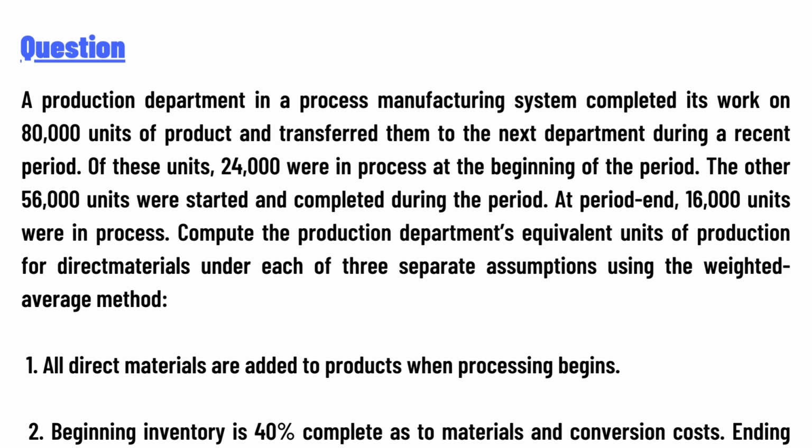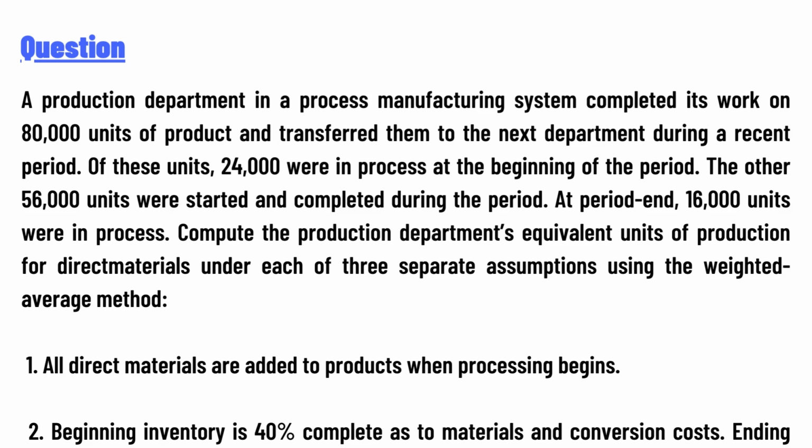Compute the production department's equivalent units of production for direct materials under each of three separate assumptions using the weighted average method. First, all direct materials are added to the product when processing begins.